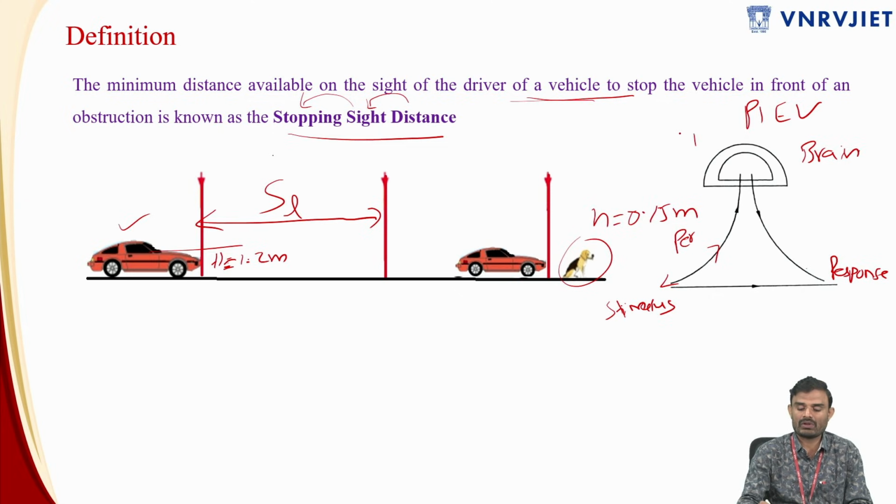Once it is carried to your brain, this side portion is involved in some intellectual coefficient. That means it is telling your brain that there is some obstruction present in front of you, and you have to do something. As a result of that, some emotion is generated in your brain, maybe anger or being hurried.